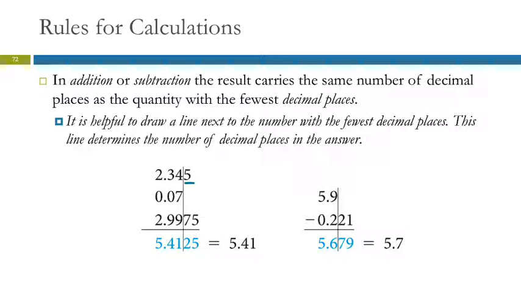In 0.07, what's the estimated digit? The 7, right? And in the last one, the 5. So those digits were estimated. We're not certain about those. In our result, we want to keep all of the certain digits and just the first one that's not certain.